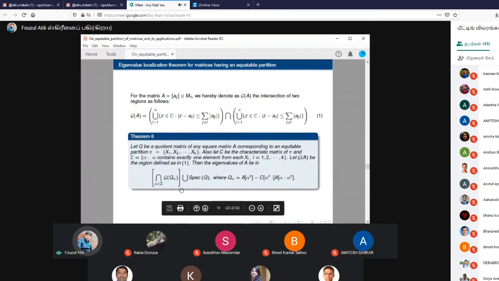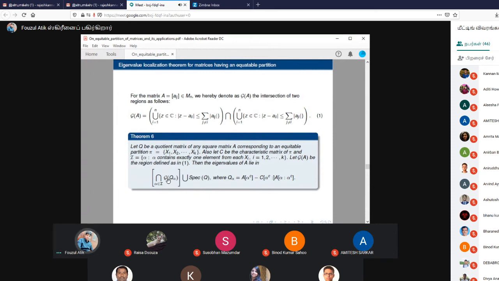Again, for each alpha we can have one Q star, and each Q star will contain the other eigenvalues. What we did is take all the Q stars, consider the Gershgorin region for each, and take the intersection. Can you imagine how many matrices we are getting?